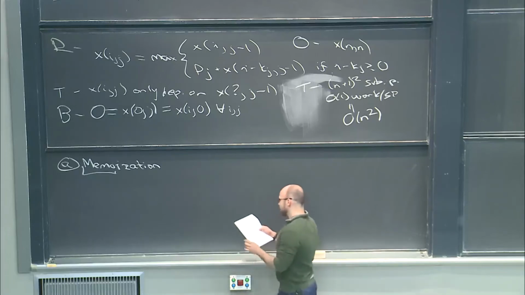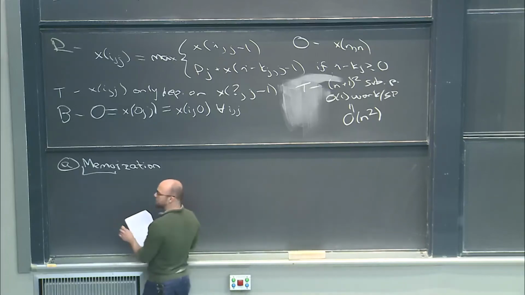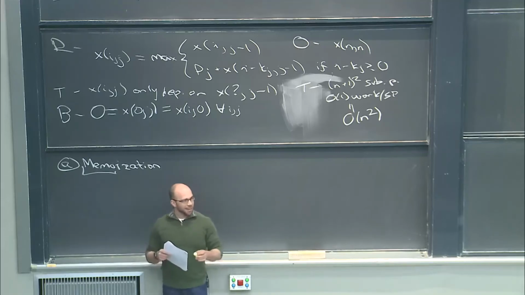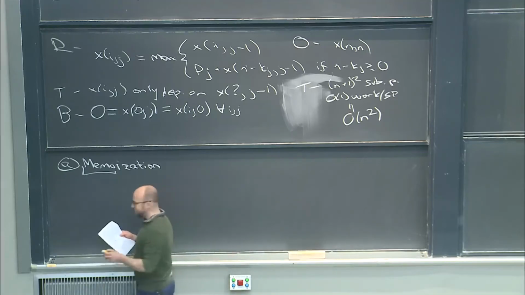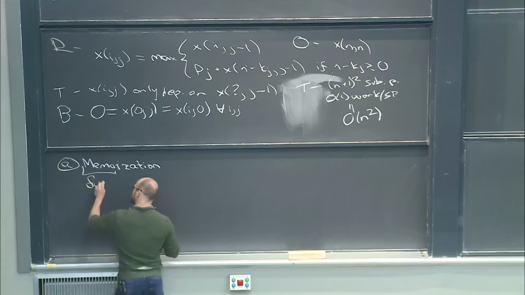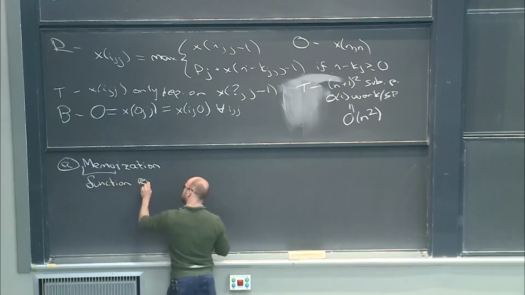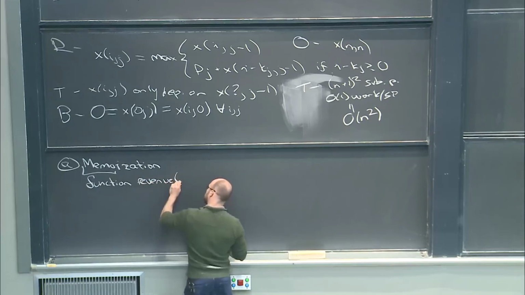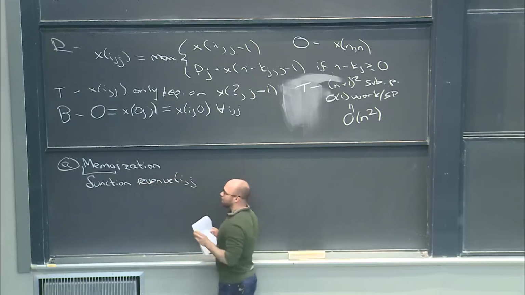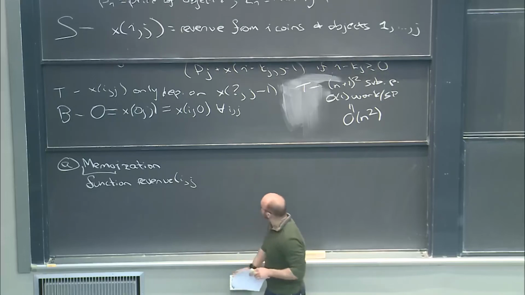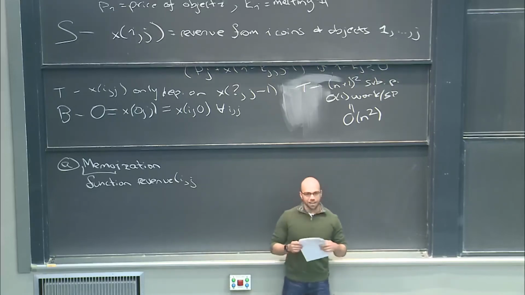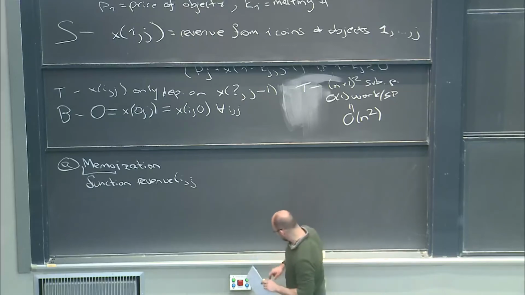Okay, so let's actually write down pseudocode that'll probably look more like MATLAB because I'm that kind of guy. So let's say that I wanted to make a function, which I guess is revenue of i j, like that. And this is the thing I wanted to compute.